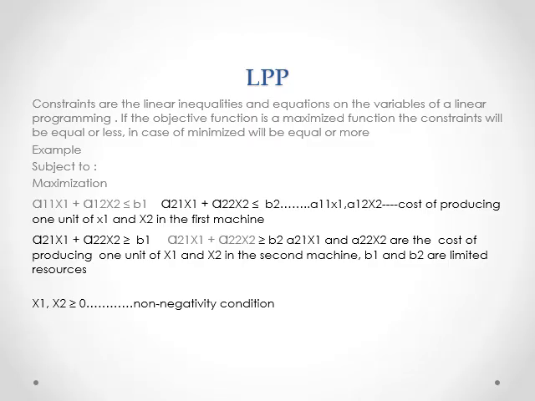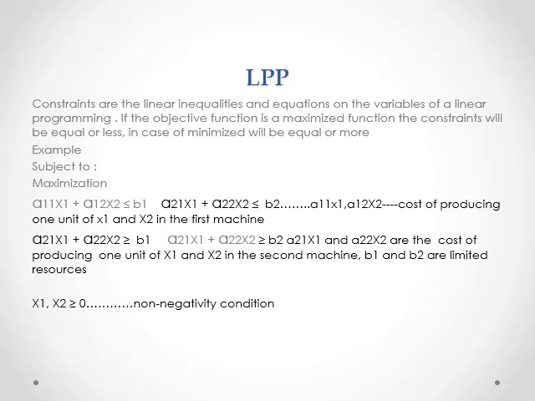For example, the constraints of my maximization is like A11 x1. A11 stands for the cost of 1 unit of x1. A12 x2.